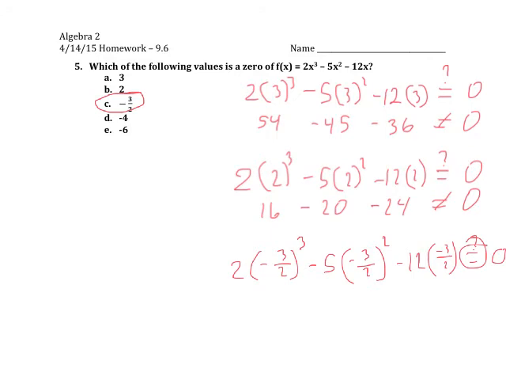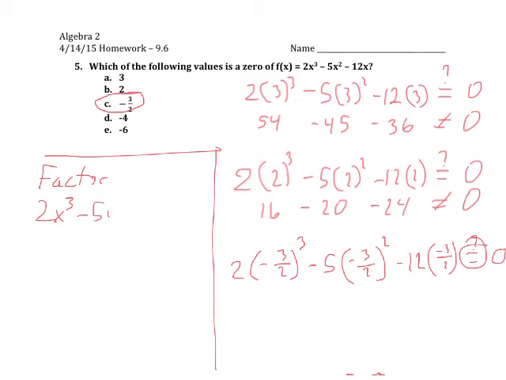The other major way of solving it, you can stop watching, you can get your answer, but you could also try factoring if you wanted to. So if I take 2x cubed minus 5x squared minus 12x, the first thing I notice is that there's an extra x in all of those terms.